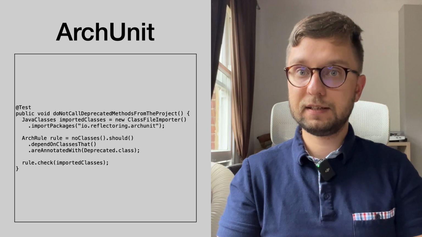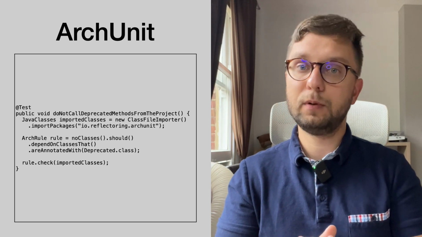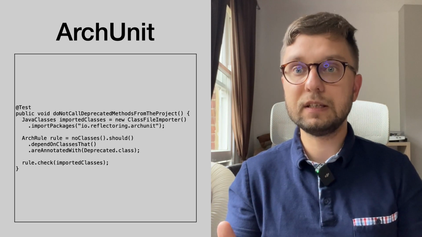Other use cases are also available. For example, do not use classes annotated with the deprecated annotation. You can even add a test that will check other tests and make sure they have assertions. So please read the article to get more details and use cases for ArchUnit.